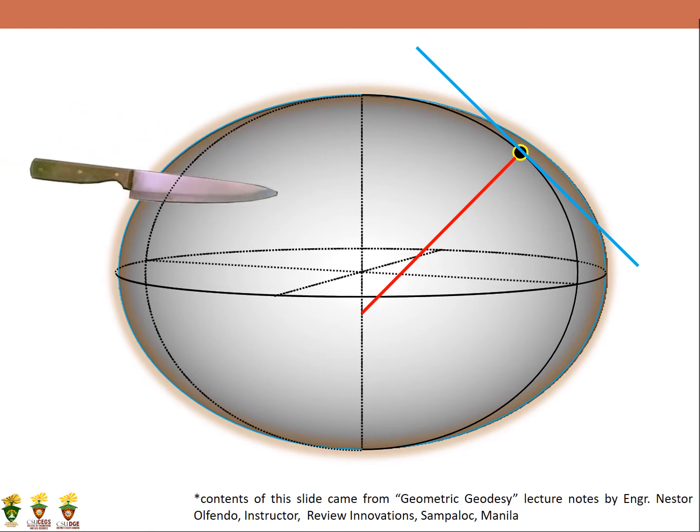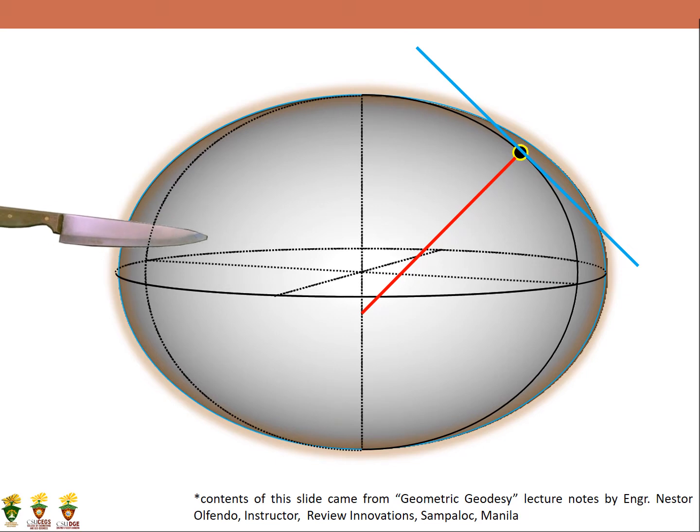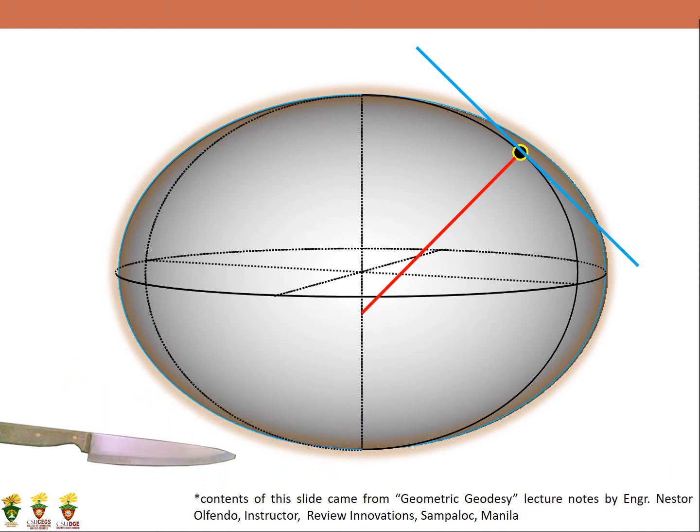As you can see, the earth is sliced. Let's see the outcome if we cut this out. Then here is the point, and this is the ellipse.